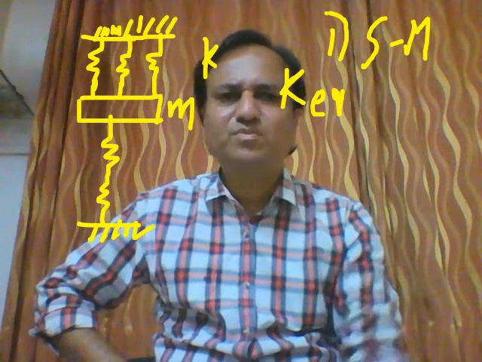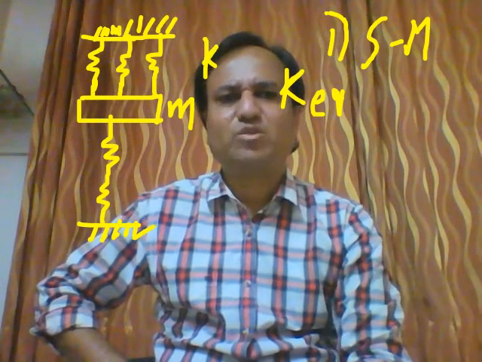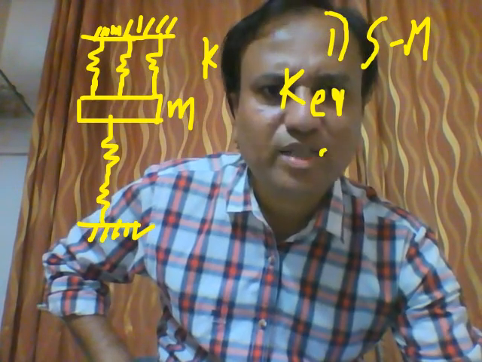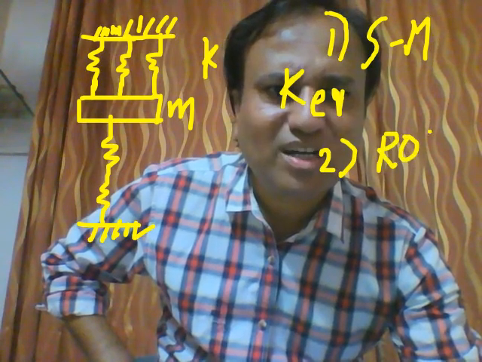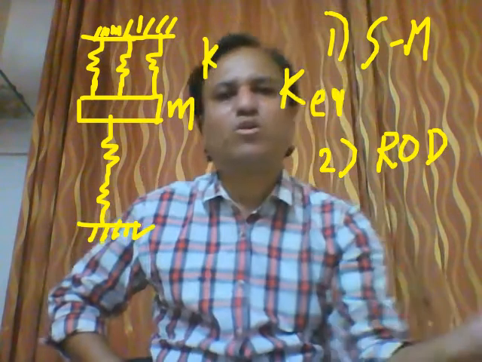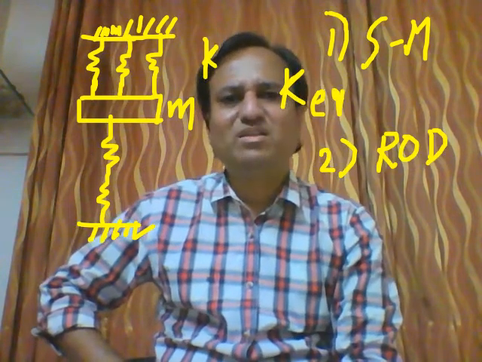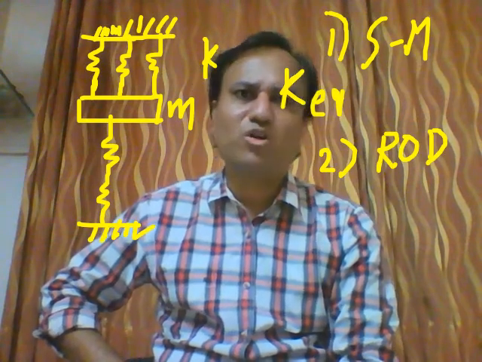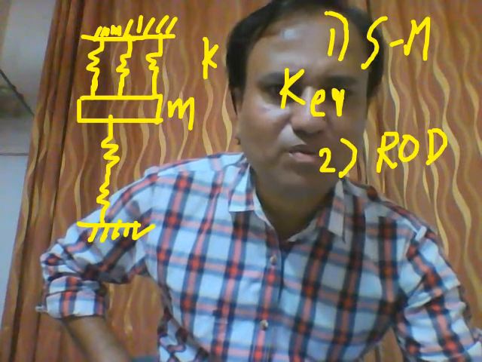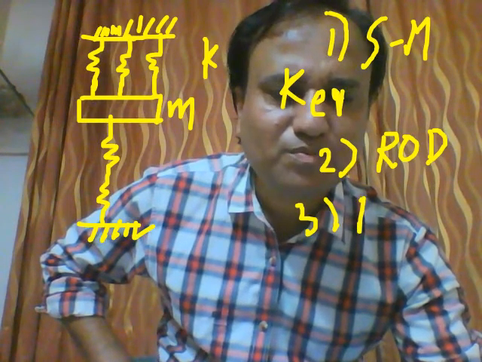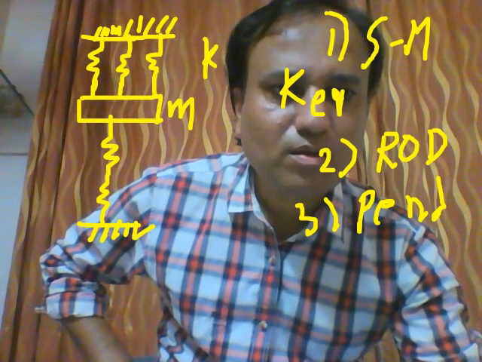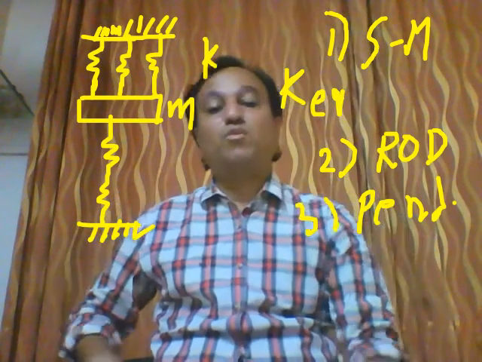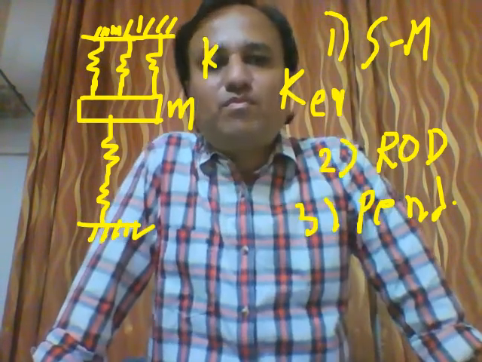The second category is problems on a slender rod, like the moment of a rod, a simple problem. Then similarly, problems on a pendulum.